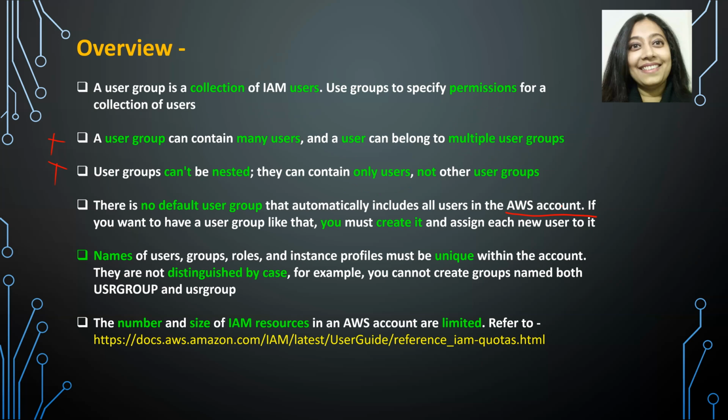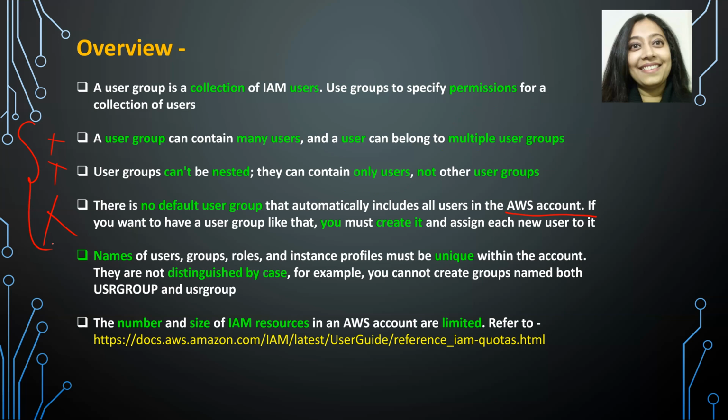That means you have to go about selecting whatever each user you want to be part of that particular group. So there is no default user group. So these three are super critical statements. They can be asked as interview questions as well, like the scenario that I gave you earlier, right? Someone could ask you that as an interview question just to test your knowledge or your practical experience.